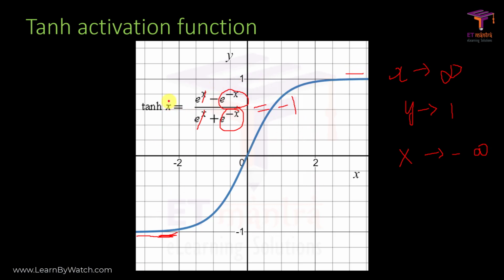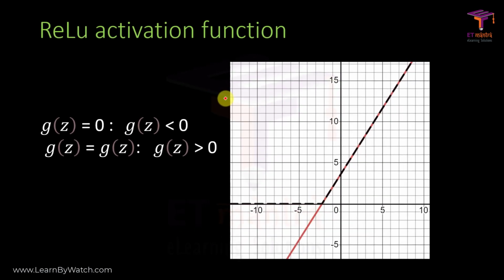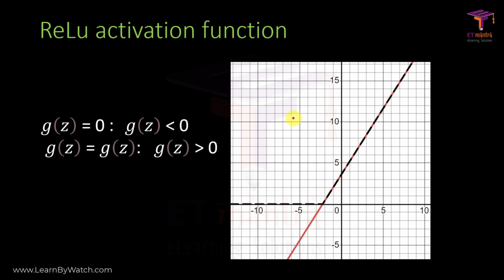So this activation function is very commonly used. There are many other activation functions, but I will only show you the ones which are most commonly used. Next is the ReLU activation function. This is the most used one. We don't generally use tanh, but ReLU is the most used one.